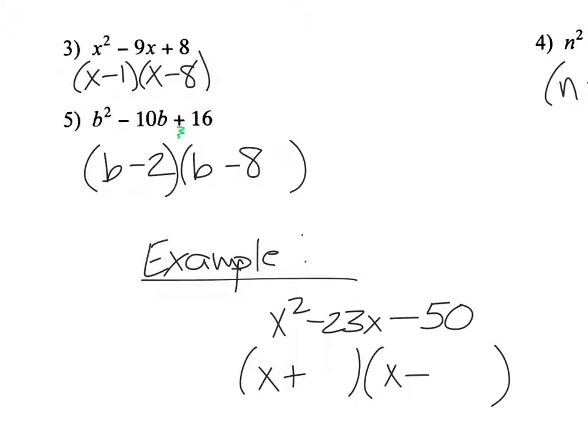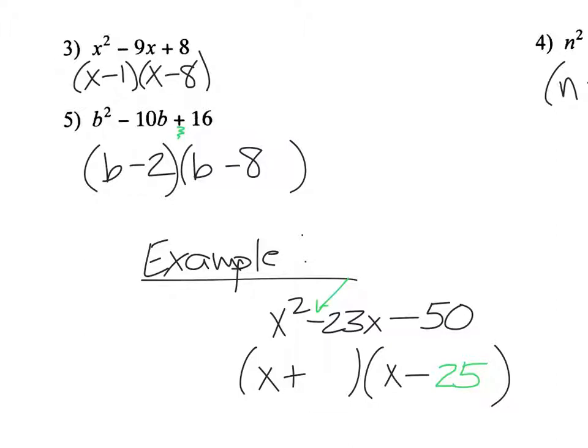What are factors of 50 that subtract to give me 23? How about 2 and 25? Because 25 minus 2 is 23. Now, where does it go? Remember, the sign of your middle term is the sign of your larger factor. So that means the 25 has to go here, and the 2 goes right here.